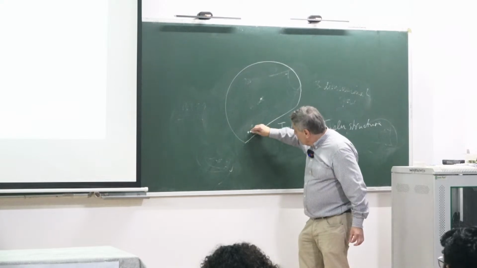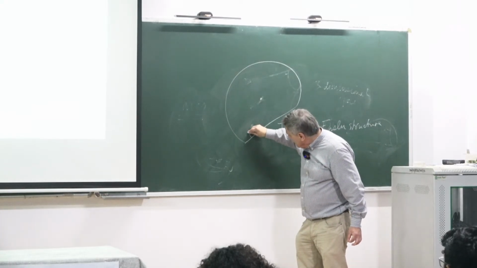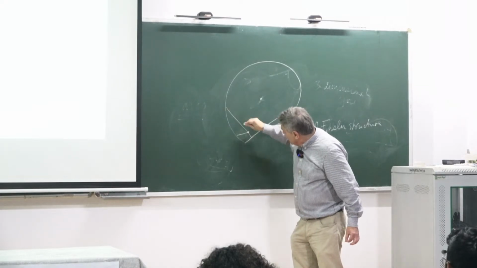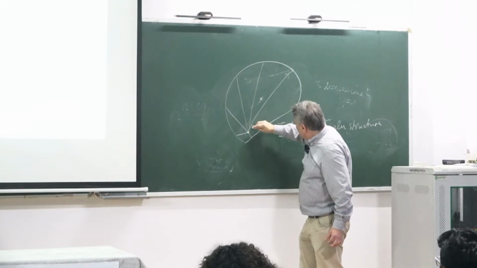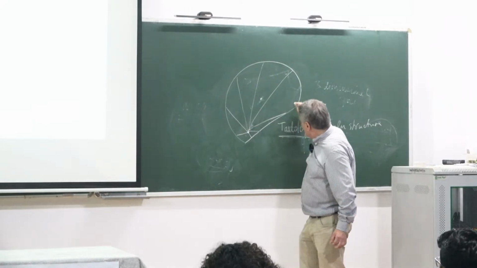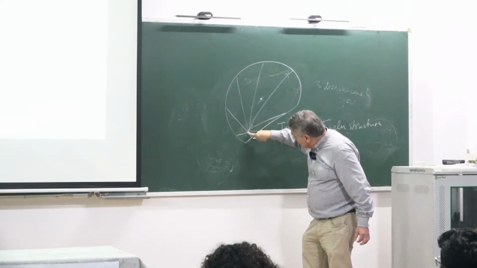So when I think now in the tangent space, these will be unit vectors. So this is my convex set in the tangent space at this point.